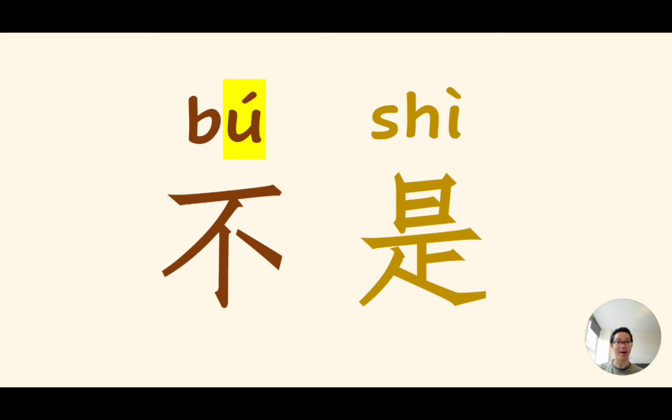When we put them together, it will be 不是. 不是. Can I hear your voice, please? Very good. 不是 in Chinese means is not, am not, are not, was not, or were not. Have you got it? Let's continue.